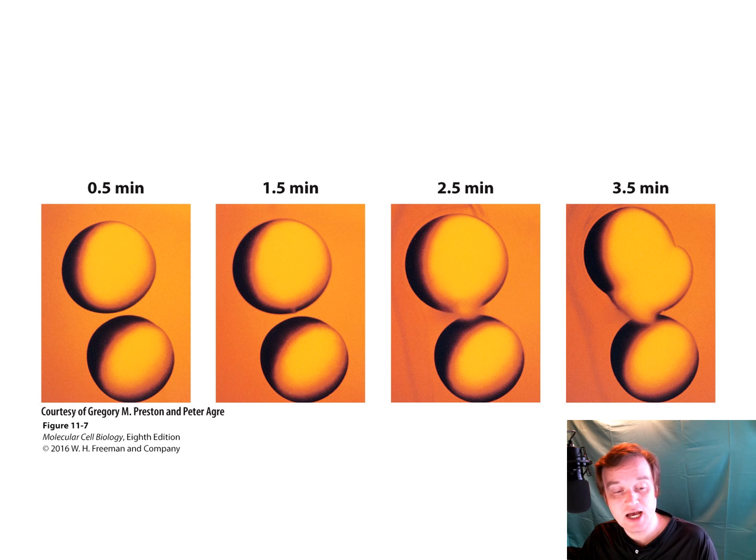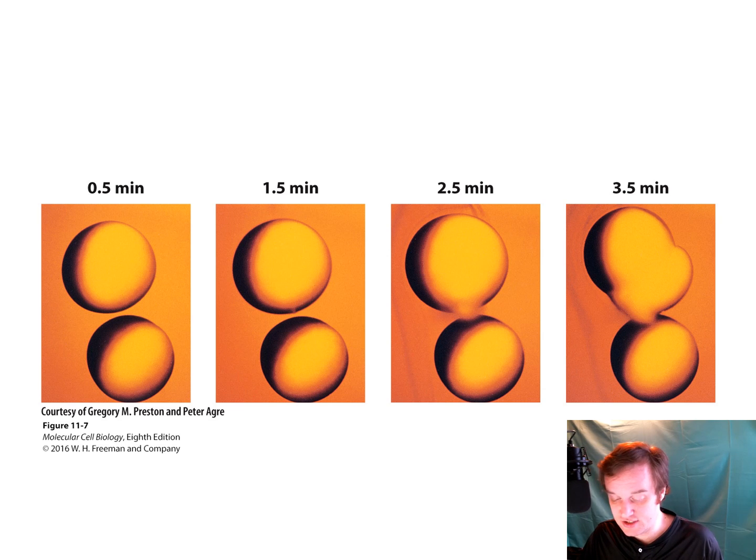Instead, researchers injected mRNA that encodes aquaporin into the cells, so then the cells would express aquaporin in the plasma membrane, and those frog eggs became semi-permeable. Once they did this, they transferred those eggs from a neutral or isotonic salt solution to a hypotonic salt solution, so a solution that has very few soluble items in it.